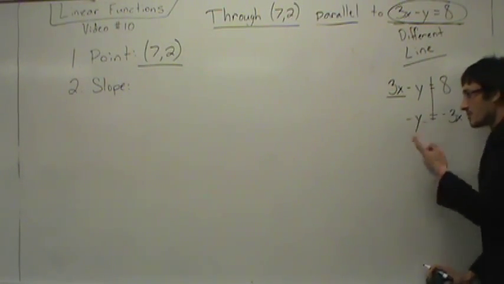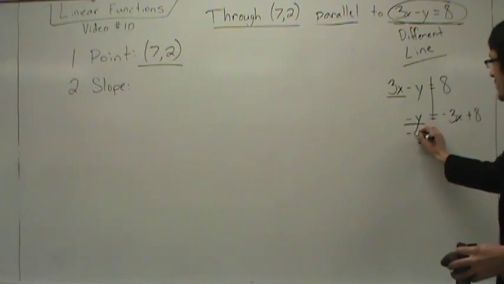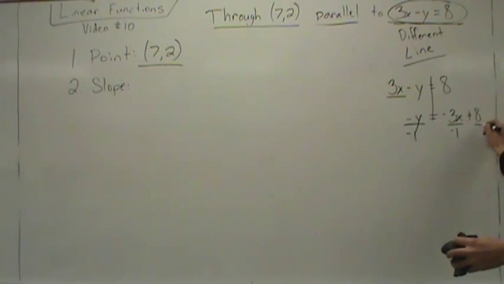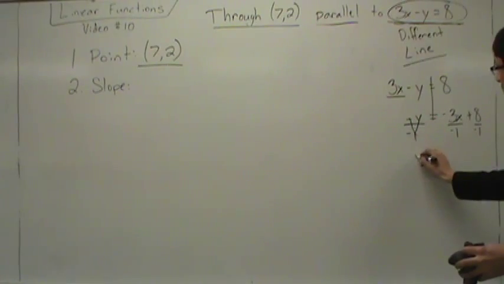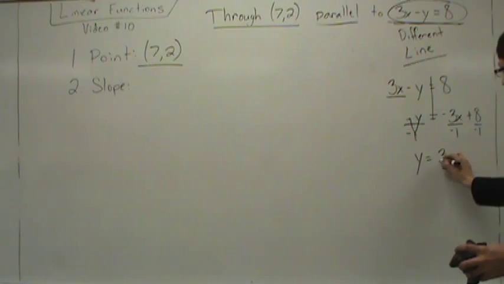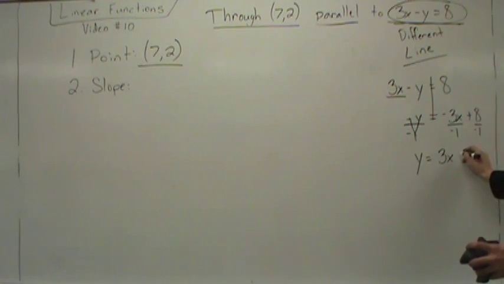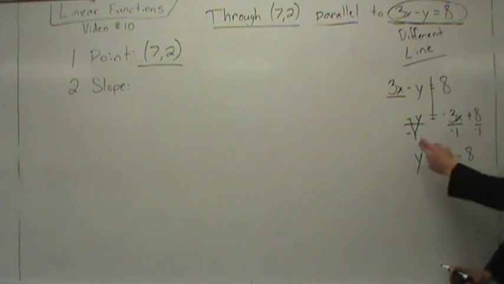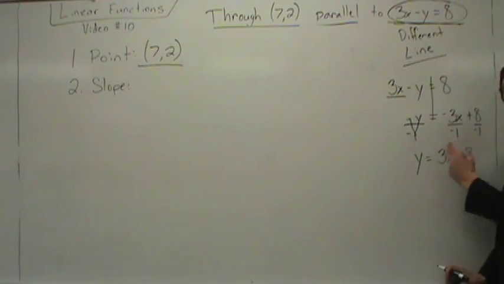This means negative 1 multiplied by y, so we divide every term by negative 1. These cancel, and we're left with y equals positive 3x, and 8 divided by negative 1 is negative 8. Basically, if you divide by negative 1, all signs in the equation change. The negative y becomes positive, the negative 3x becomes positive, and the positive 8 becomes negative.